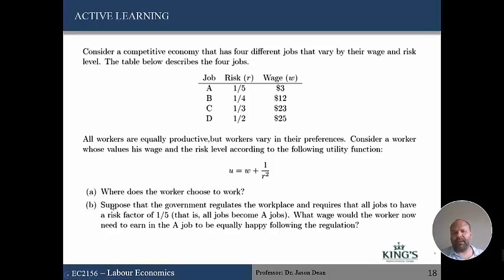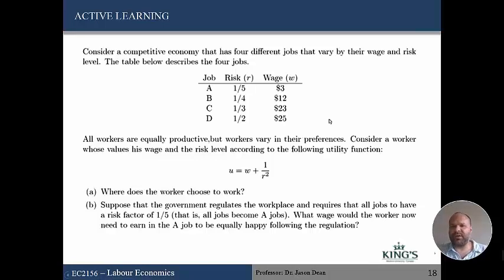And then B, we're asked, suppose that the government regulates the workplace and requires that all jobs should have a risk factor of 1/5. That is, all jobs become A jobs. What wage would the worker now need to earn in the A job to be equally happy following the regulation?